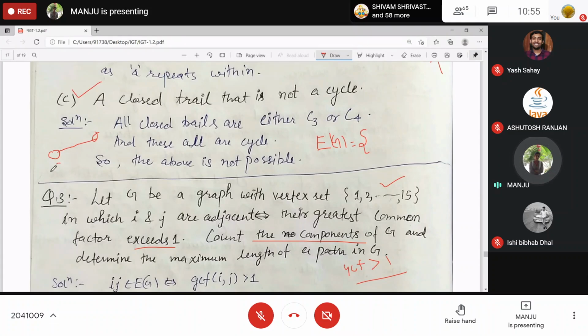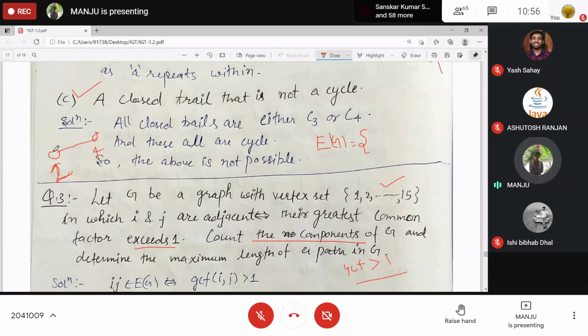For example, if I take 1 and 2, 3, 4 up to 15, there will not be any edge, because the greatest common factor will be 1 only. 2 with 4, 2 with all the evens: the greatest common factor is 2. 2 with 6, again 2. 2 with anything even, the greatest common factor is 2.